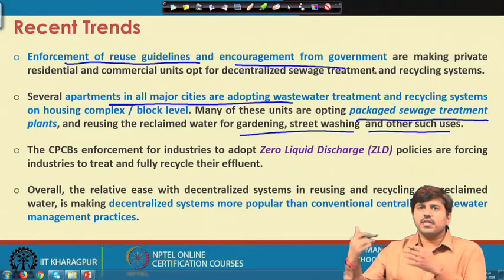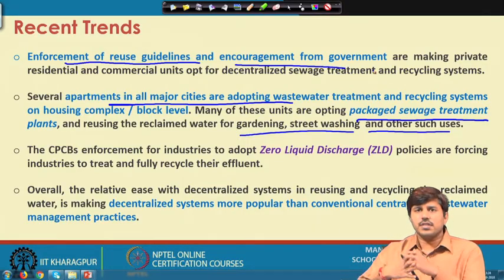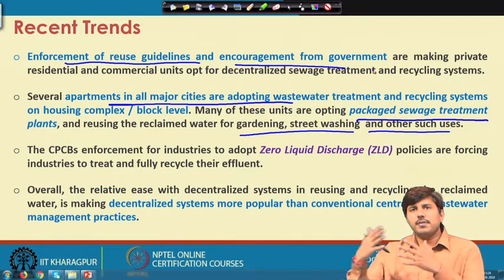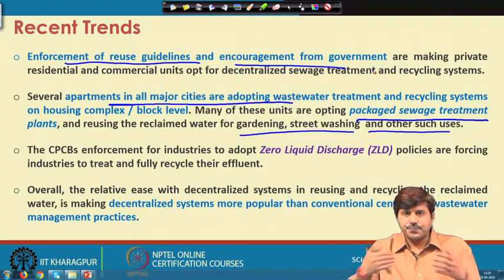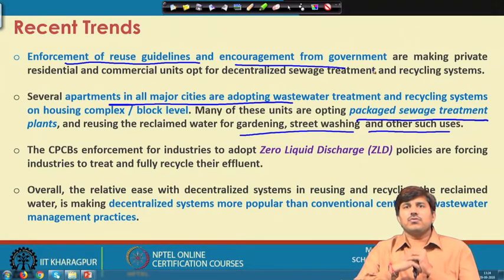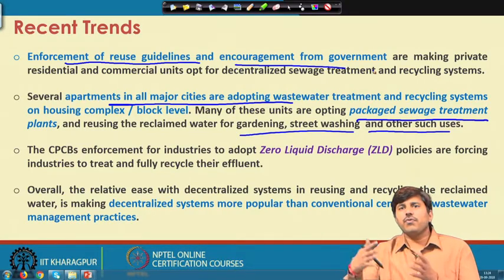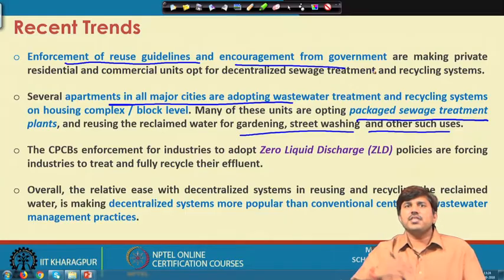These incentives come in the form of, say, certain rebates in tax or FAR, and that is how the complex owners eventually opt for these facilities.